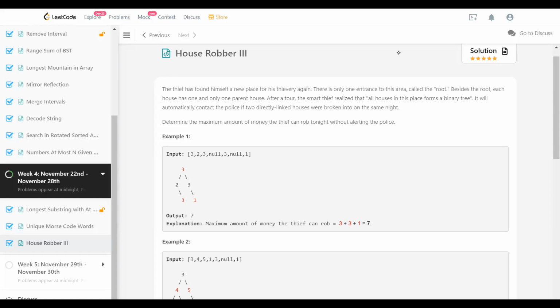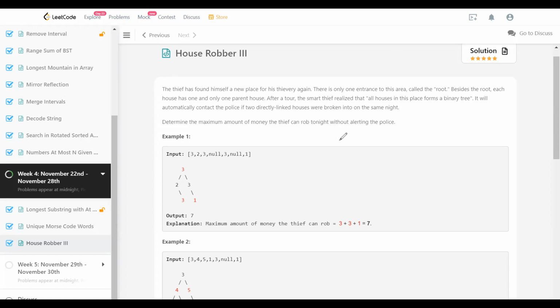How much money each house has. So he wants to rob as much as possible, but with a constraint. In this particular third version, the constraint is if two houses are directly connected by an edge in the binary tree, they cannot be robbed. If they rob it, there is going to be an alert for the police. So the robber does not want to do that, right?